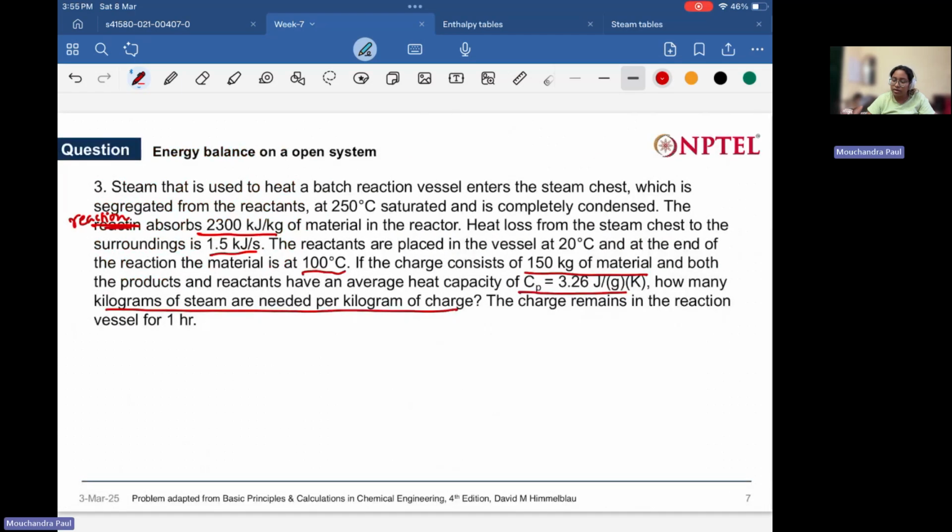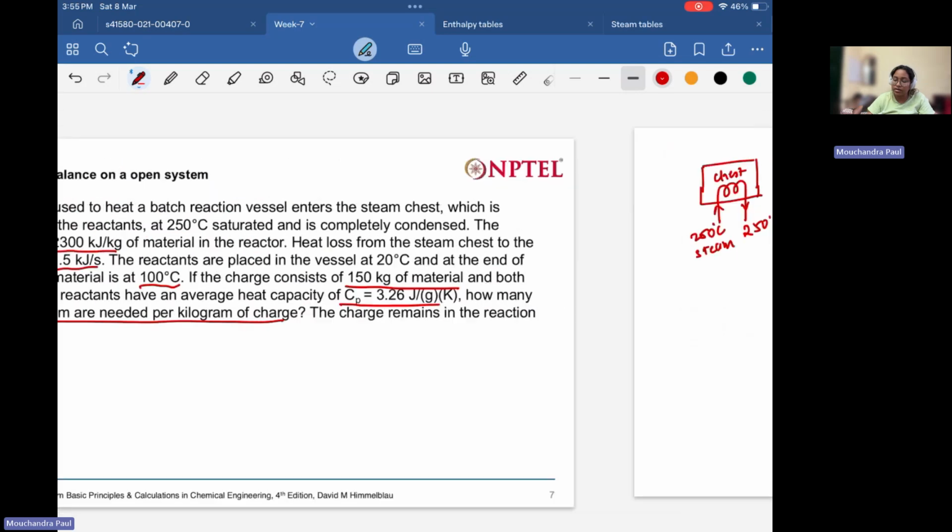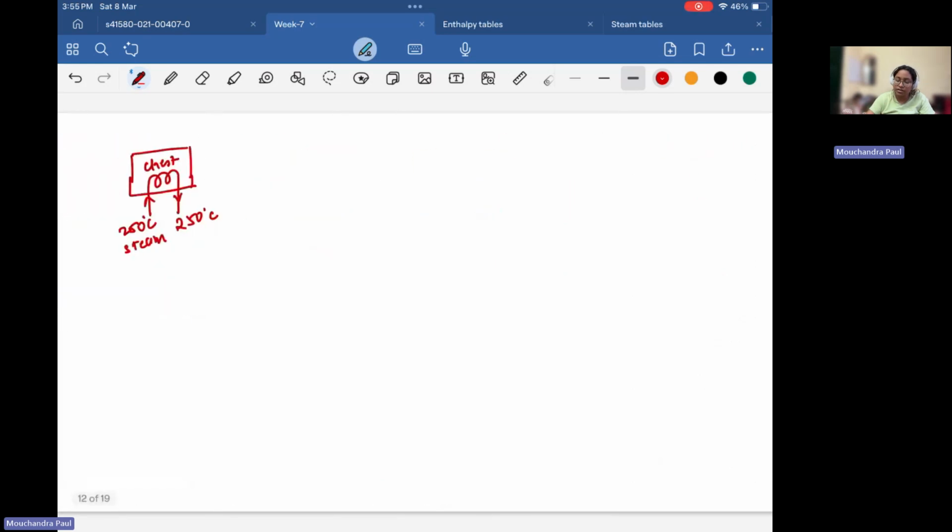Steam enters, and what is coming out? Condensate, saturated condensate. And there is some loss of heat as well to the surrounding from the steam chest.